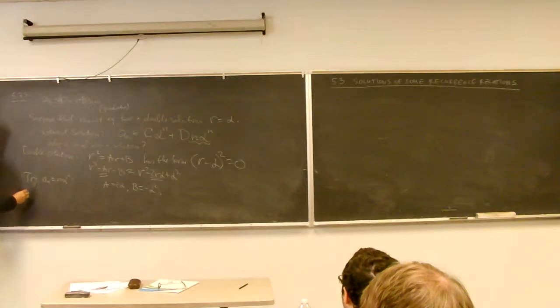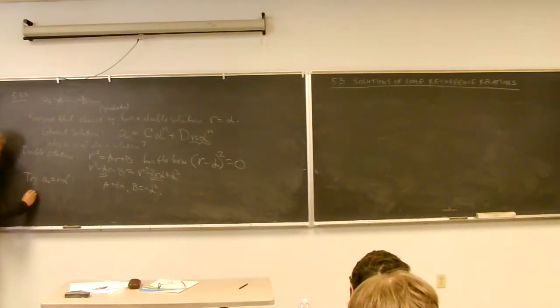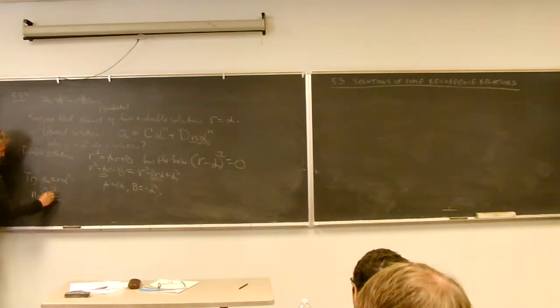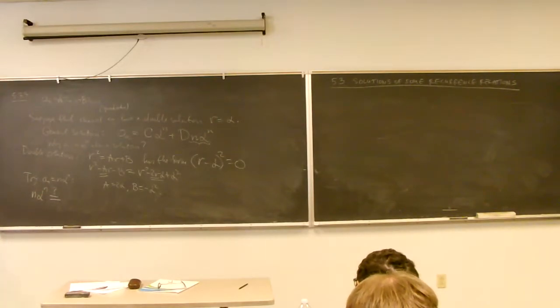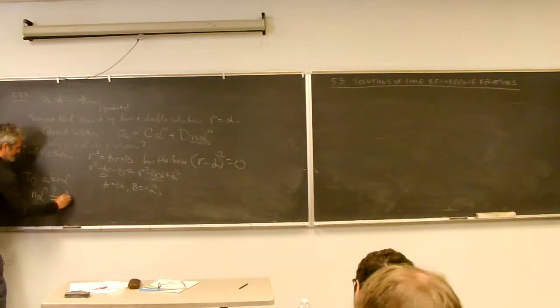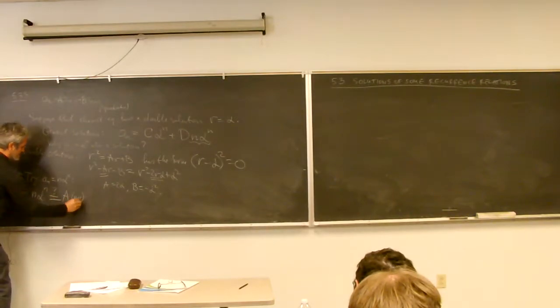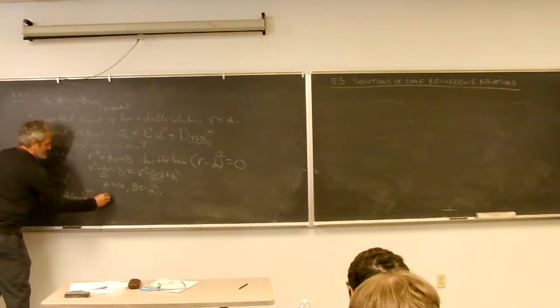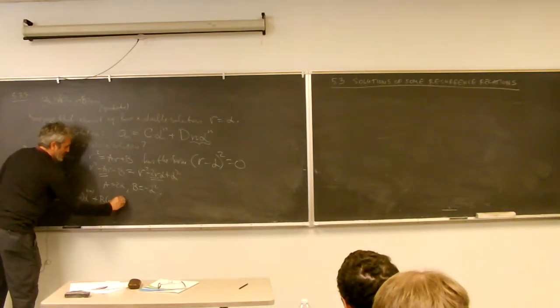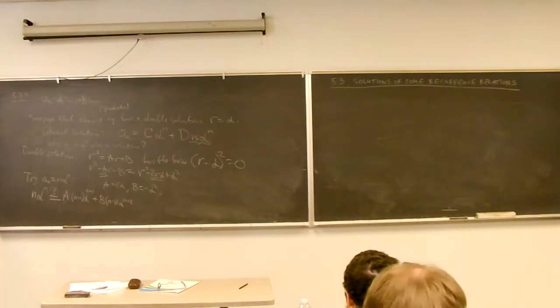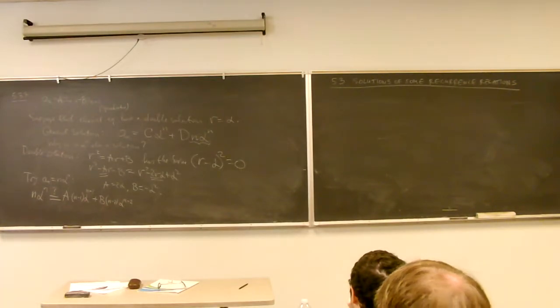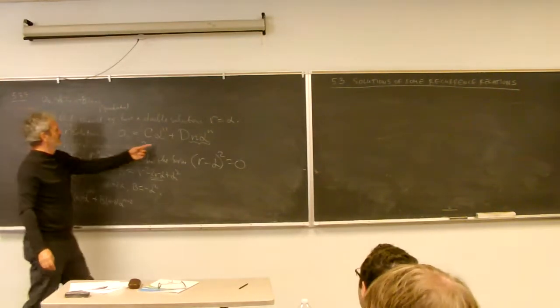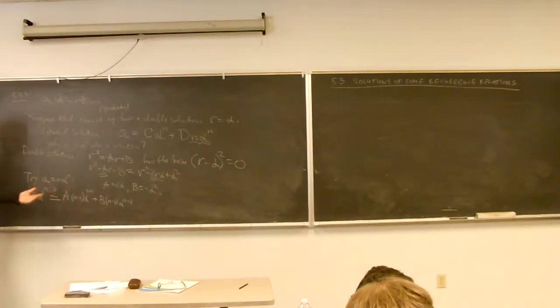What do I get? The left side looks like this: n alpha to the n, and I'm asking, is it equal? I'm checking this. Is it equal to a times n minus 1 alpha to n minus 1 plus b times n minus 2 alpha to the n minus 2? I plugged in my n alpha to the n that I claim is a solution, and I want to see if that's really true.